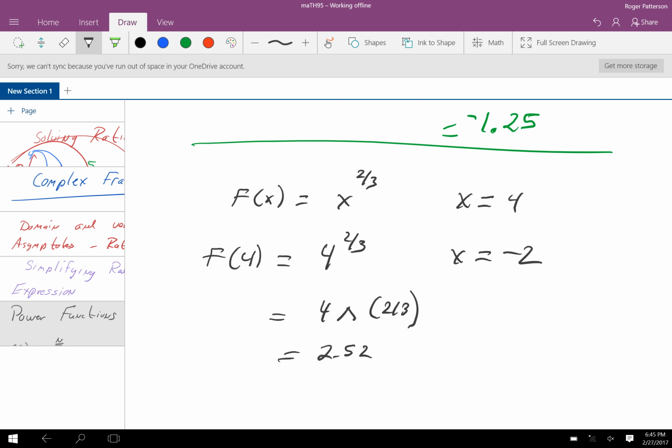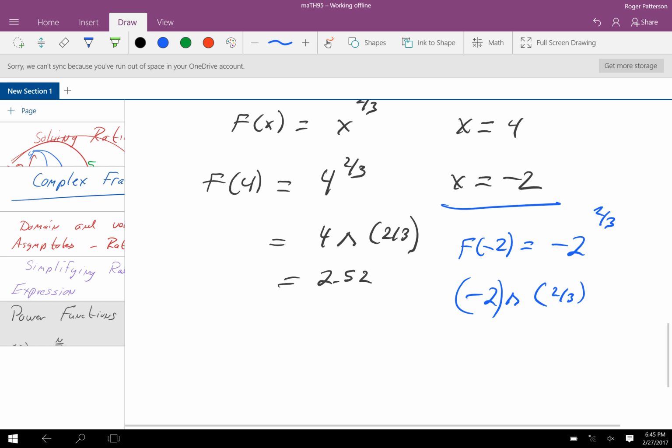2.52. Okay. Then I just do the same thing with the negative. So I'm just going to go f of negative 2 equals negative 2 to the 2/3. And just do the same thing. Make sure you put parentheses around that, though, or else it might not do it correctly.